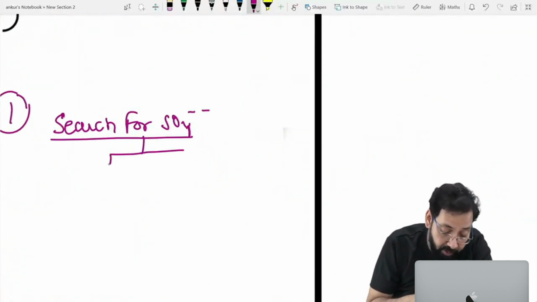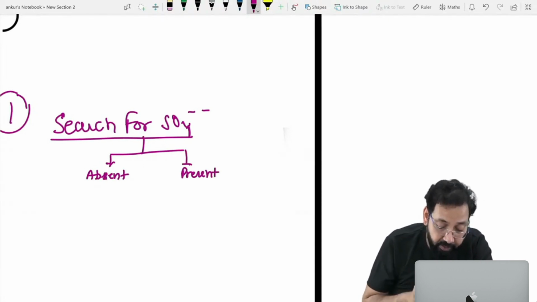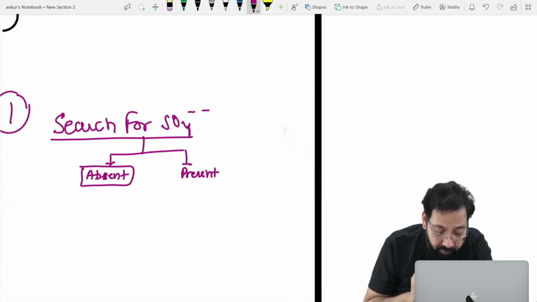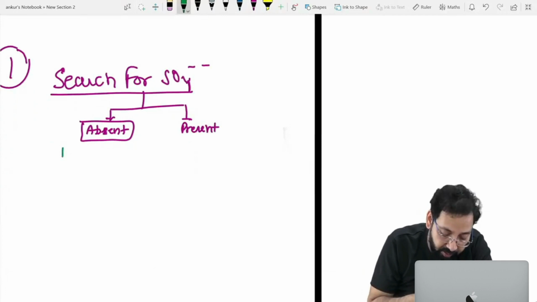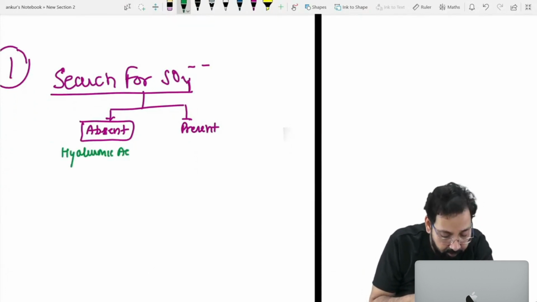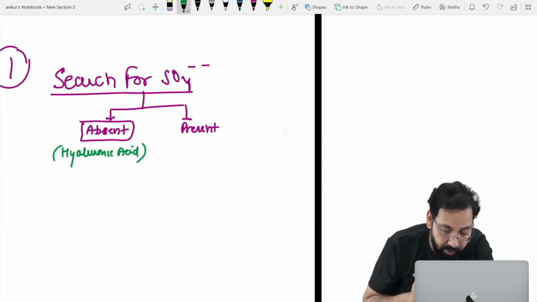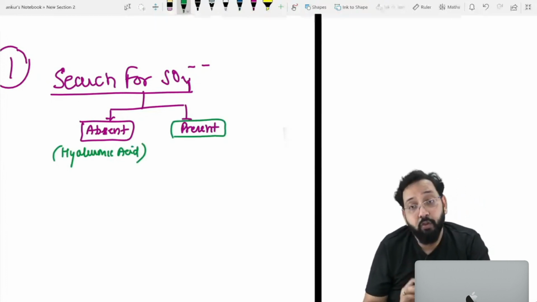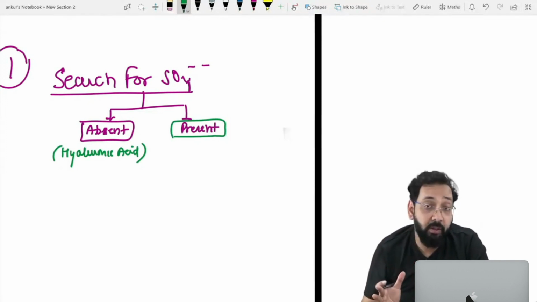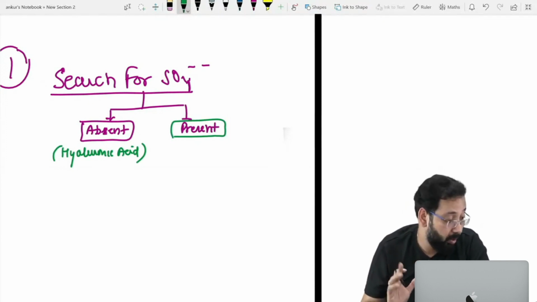Sulfate may be absent, or most of the time present. If absent, you will find the answer: immediately mark hyaluronic acid. If present, you are left with how many? 5 glycosaminoglycans.